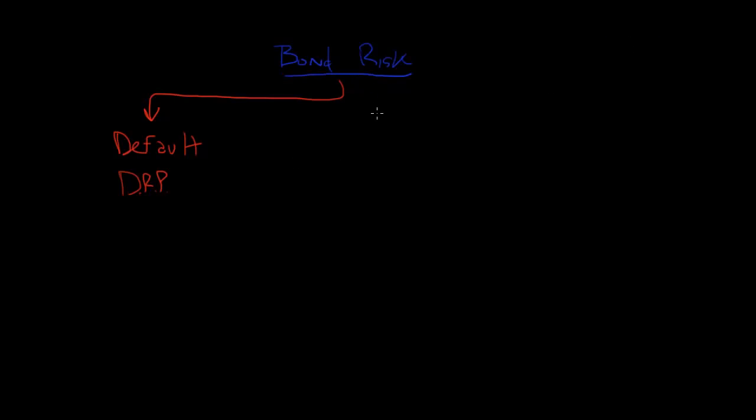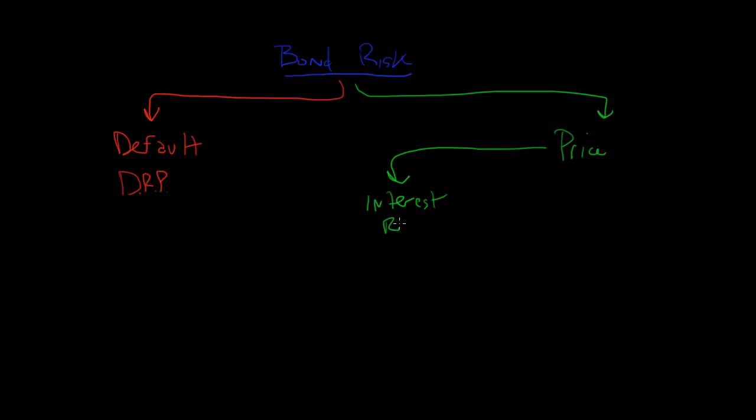Now, the second risk is referred to as price risk. Now, price risk is the fluctuation of the par value of a bond. And I'm going to come over here and I'm going to look at the first one. I'm going to refer to it as interest rate risk. Now, interest rate risk, we've calculated this before, is the bond par value.